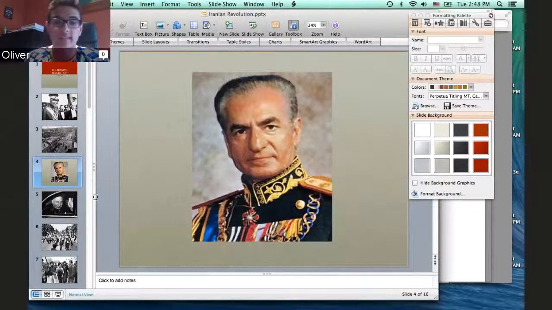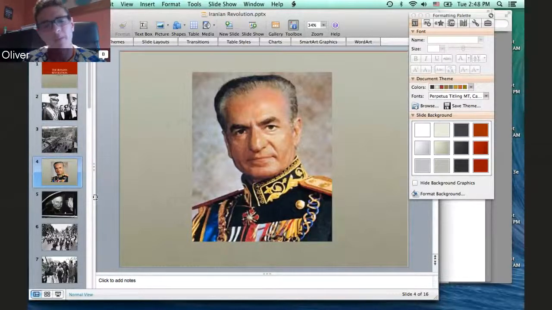So they encouraged the older Pahlavi to abdicate and give the throne to his younger son, Mohammad Reza Pahlavi, and then he took over. And Mohammad Reza Pahlavi was also, like his father, put into power as a puppet of Western interests.